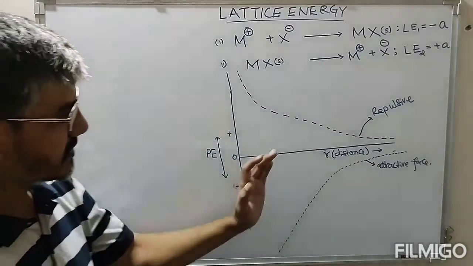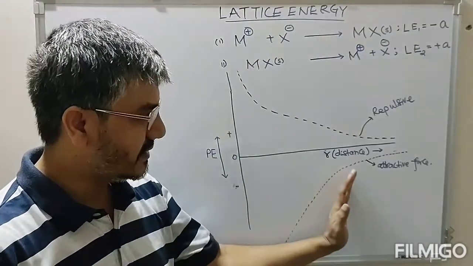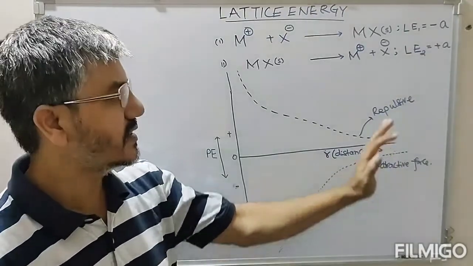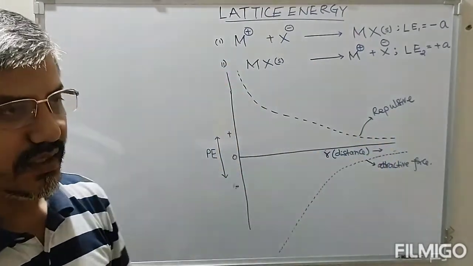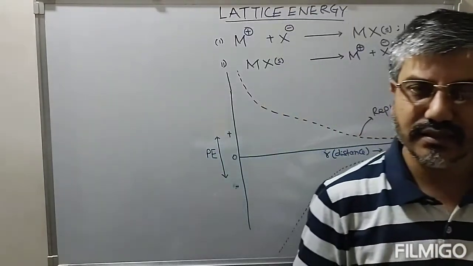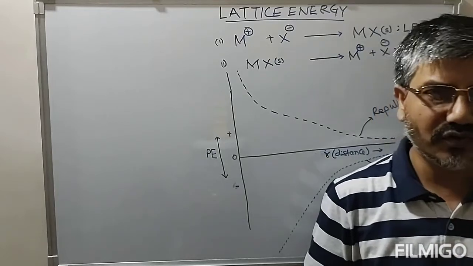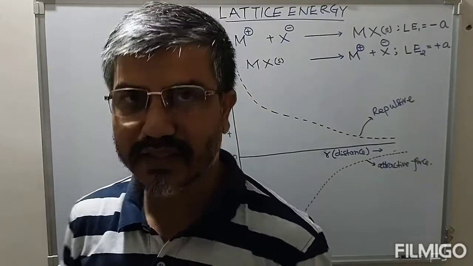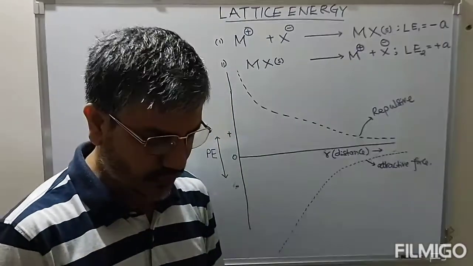So we have two contrasting factors here. As the distance decreases, both the attractive force as well as the repulsive force increase continuously. But at a certain distance there has to be formation of a bond. For this, the requirement is that the attractive force should have a dominating effect over the repulsive force. So now we have to combine these two.